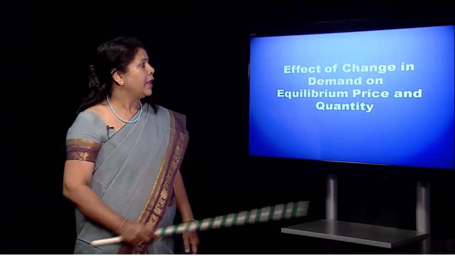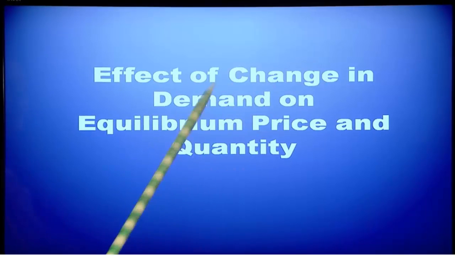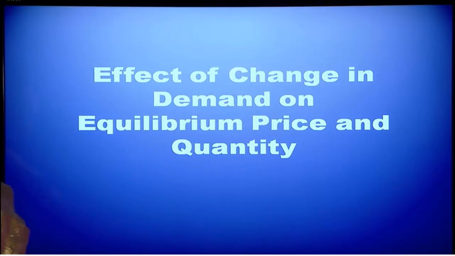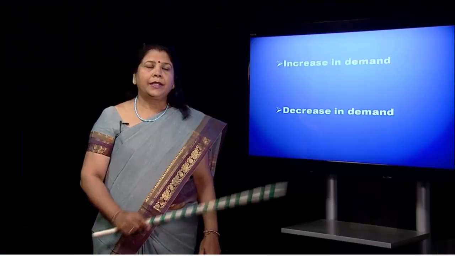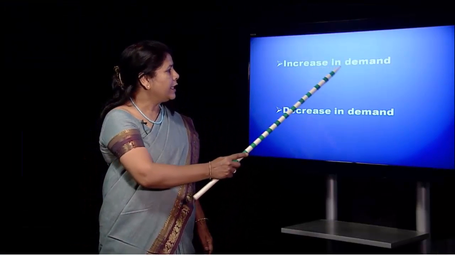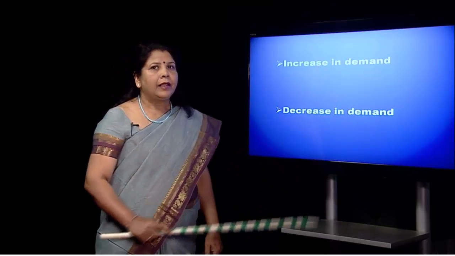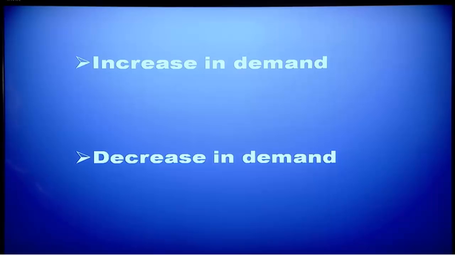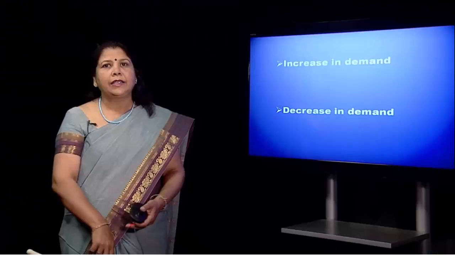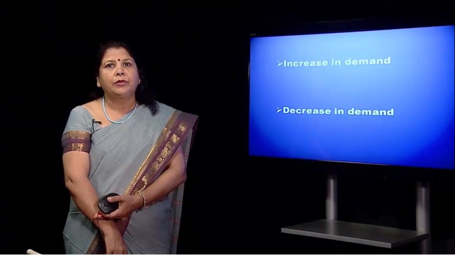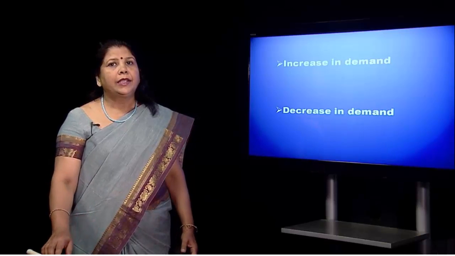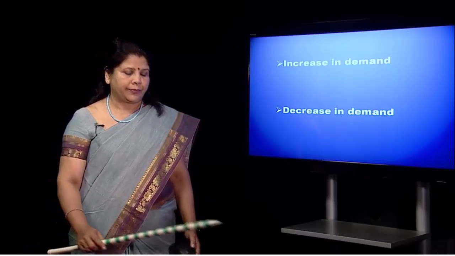Now, what is the effect of change in demand on equilibrium price and quantity? We have to understand this. First, let us understand increase in demand and decrease in demand. Let me just remind you that increase and decrease in demand are going to cause the demand curve to shift. Let us take the case of increase in demand first.